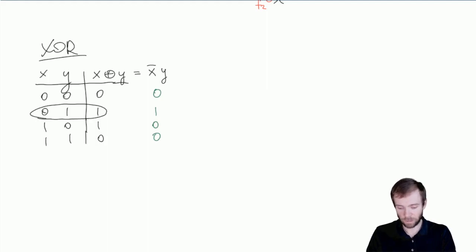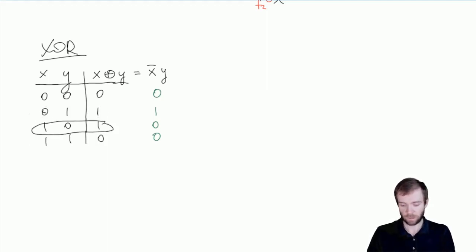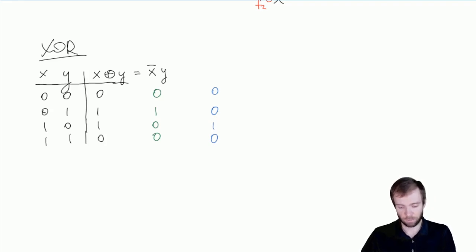Now let's take a different tuple on which our function is equal to 1 and try to build an elementary conjunction that looks like 0, 0, 1, and 0. So it gets value 1 on exactly this tuple, and everywhere else it gets zeros. Such an elementary conjunction can look like x and negation of y.